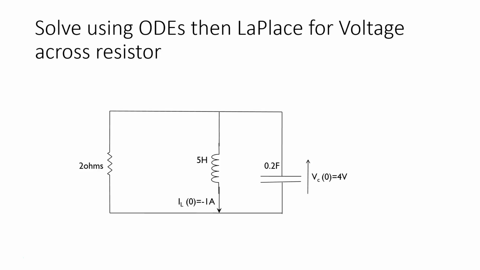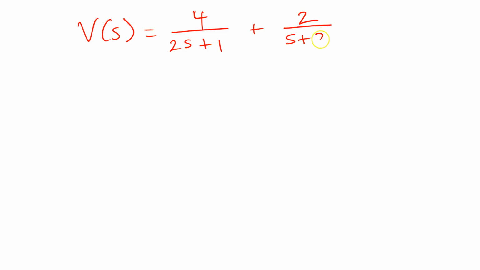So we're going to look back at our example from the last session, and I'm just going to use the last result. You could go back through it again. I'm sure you did it by now. And the last thing we had was the s domain function V(s) equal to 4 over (2s plus 1) plus 2 over (s plus 2).